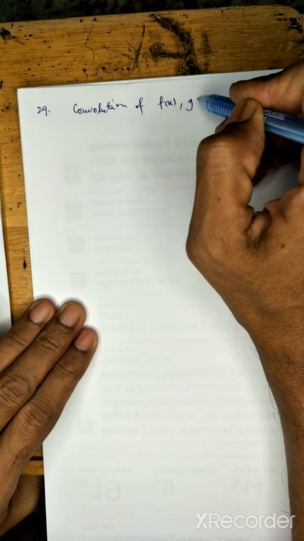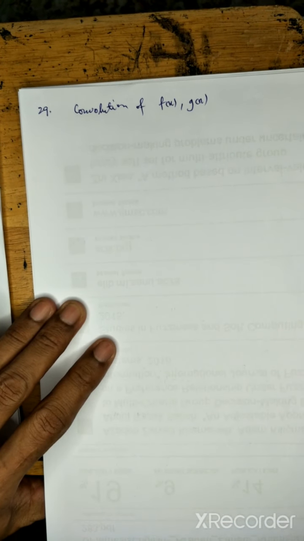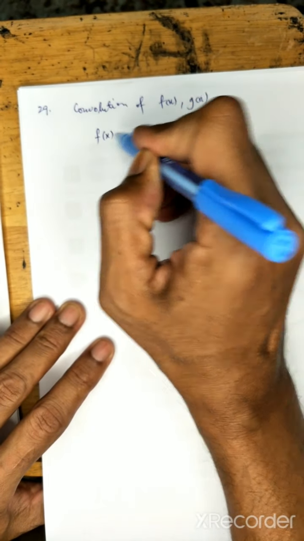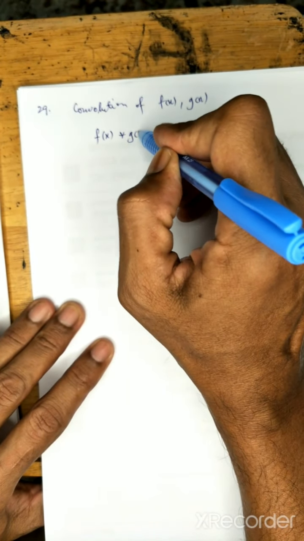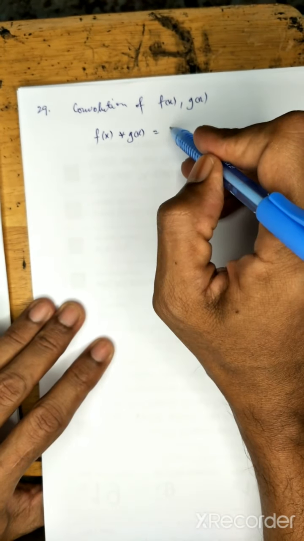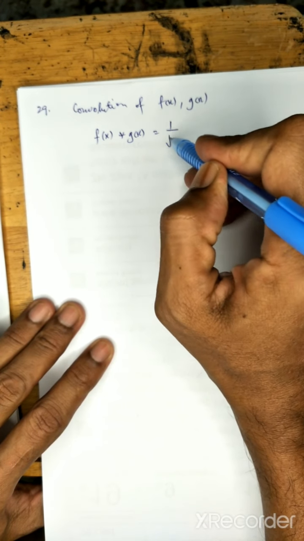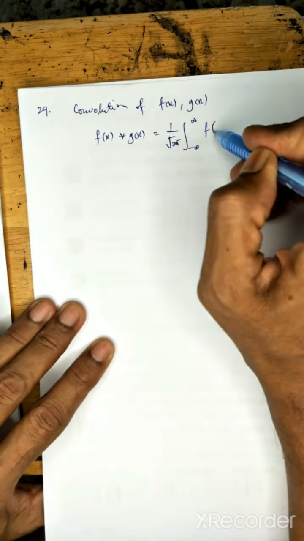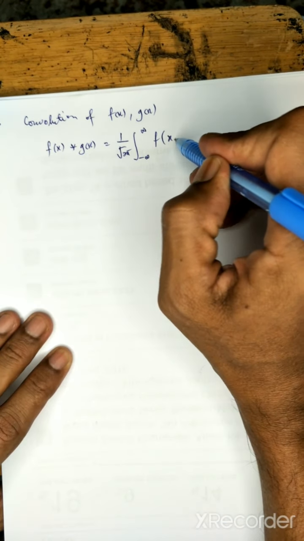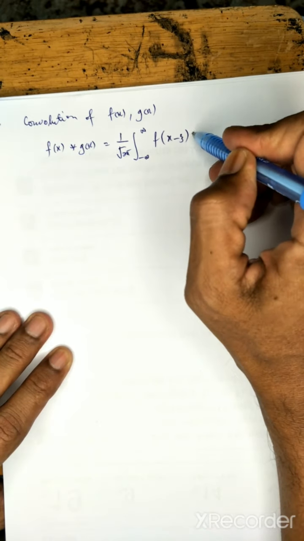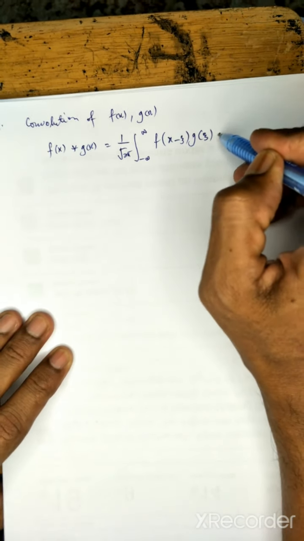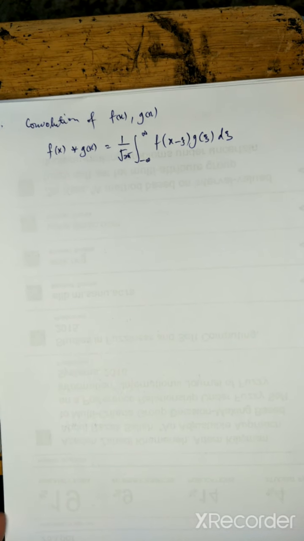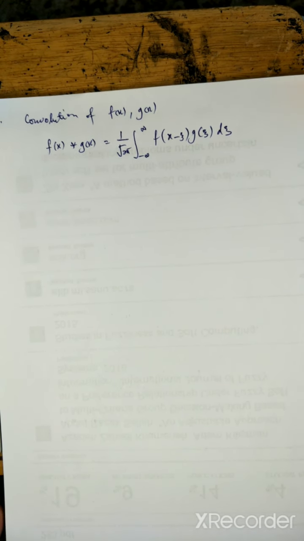We denote it as f(x) star g(x), and we define it as 1 over square root of 2 pi, integral from minus infinity to infinity of f(x minus zeta) g(zeta) d zeta. So that's the definition of convolution.